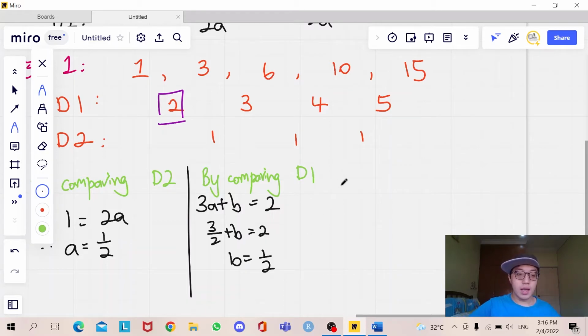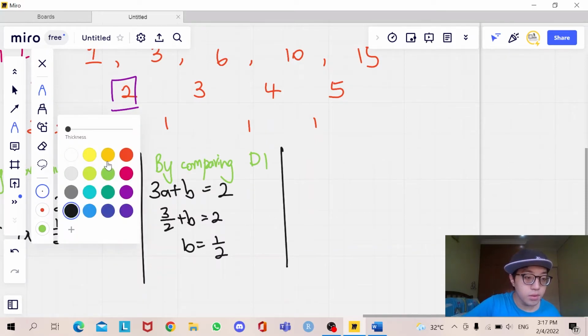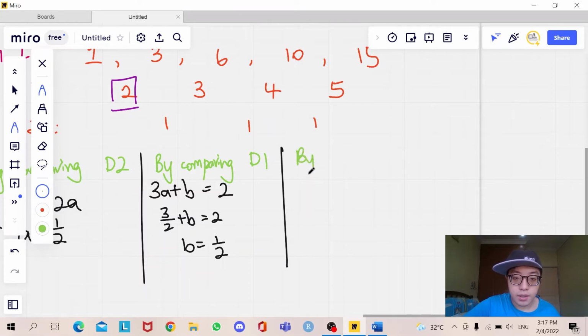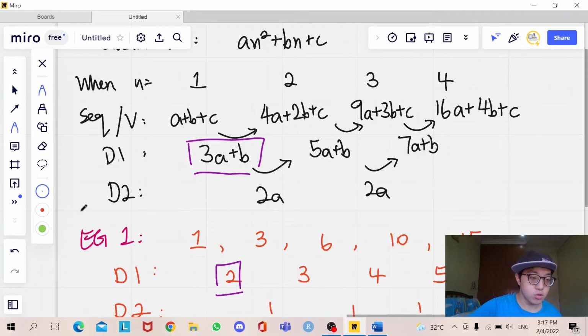And then lastly, by comparing the sequence, as you can see here, a plus b plus c is equal to 1.